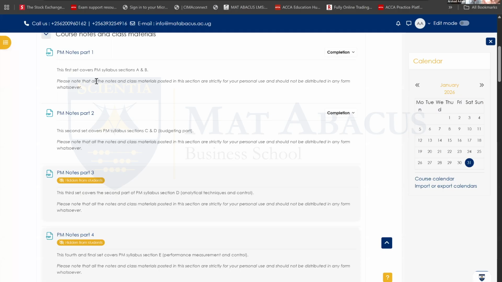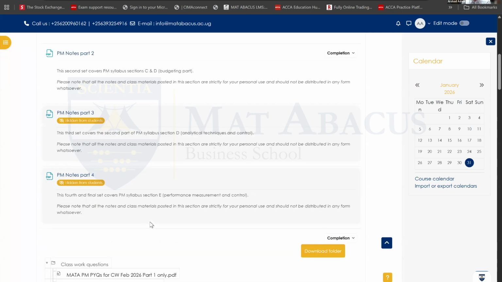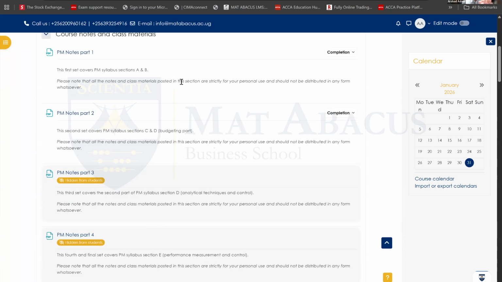Please note that all the notes and class materials, the whole 20 lectures posted in this section, are strictly for your personal use and should not be distributed in any form whatsoever. You pay for the course, we make it available to you. You don't make it available to someone else. That is a breach of the agreement you have with our school, and also unethical.